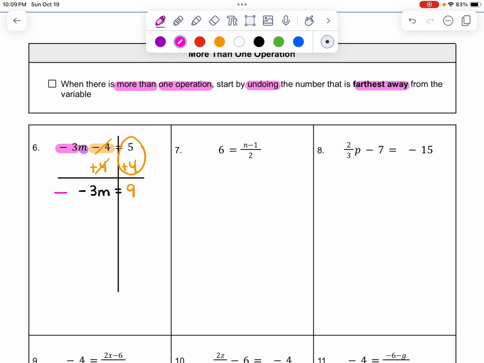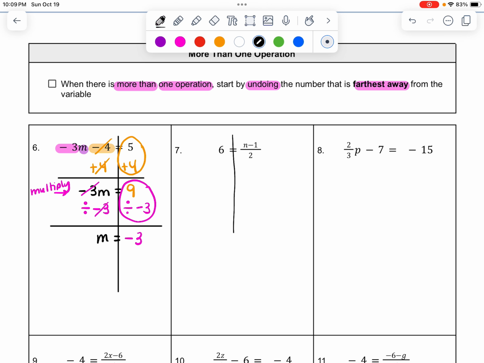Now, once again, when the negative 3 is squished right up next to the m, that means multiply. So the opposite would be dividing by negative 3. On the left-hand side, the negative 3 cancels the negative 3, and we just get m. On the right-hand side, the 9 divided by negative 3 is negative 3.